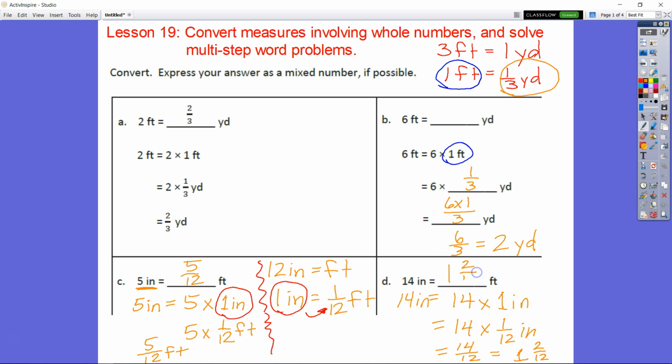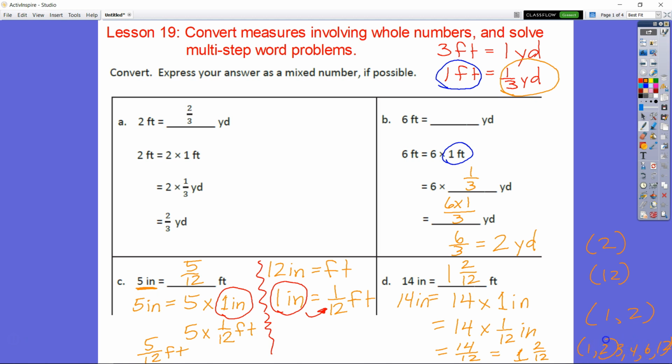Now, of course, we could simplify this 2/12 and say that the GCF of 2 and 12, greatest common factor, would be, well, what times what equals 2? 1 and 2. What times what equals 12? We know it's 1 and 12, 2 and 6, 3 and 4.